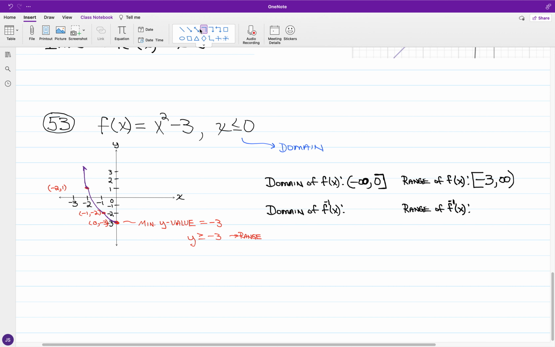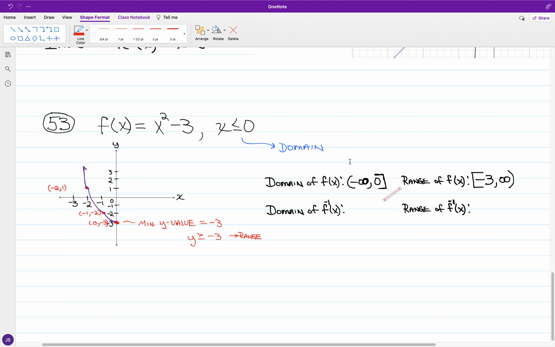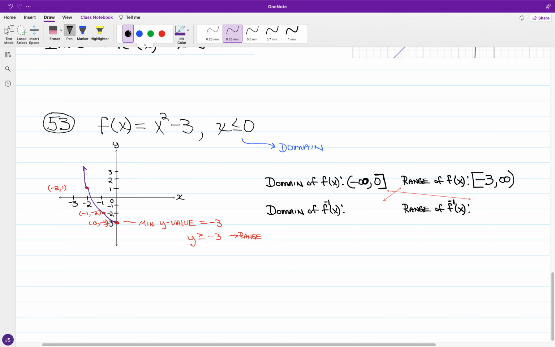And again, just restating what I have in y for one and what I have in x in the other, and vice versa. The domain of the function has values of x less than or equal to 0, but for the inverse, it's going to be all values of y less than or equal to 0.